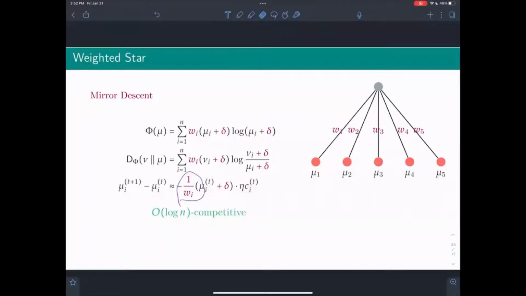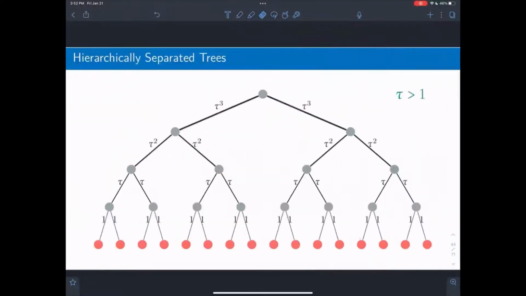Now let's move to a more general family of metric spaces that are called hierarchically separated trees or HSTs. So an HST is basically a rooted weighted tree in which the weight of the edges goes down geometrically along root-leaf paths. And then the metric is defined on the set of leaves of this tree.